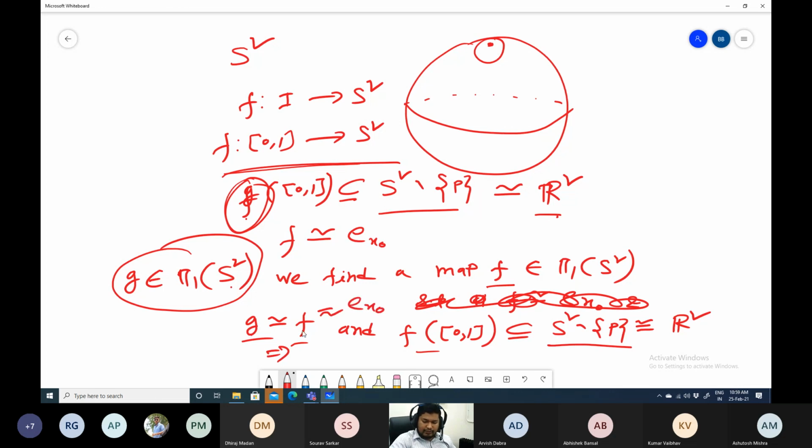Now g is homotopic to f, which is homotopic to identity, so therefore g will be homotopic to identity. So we are done. So that was the approach. That will conclude that the fundamental group of S2 will be 0.